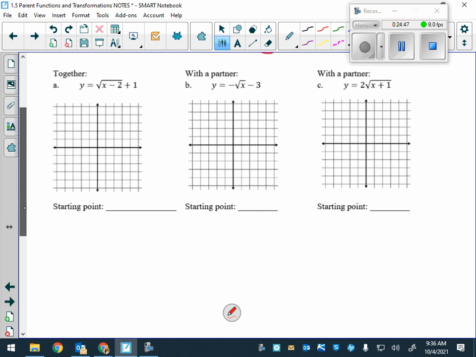So, for A, what is my starting point? Jax? 2, 1. Okay? So based off of that new starting point, what transformations are happening? Is it like when it goes out, like if the A was like 1/2?